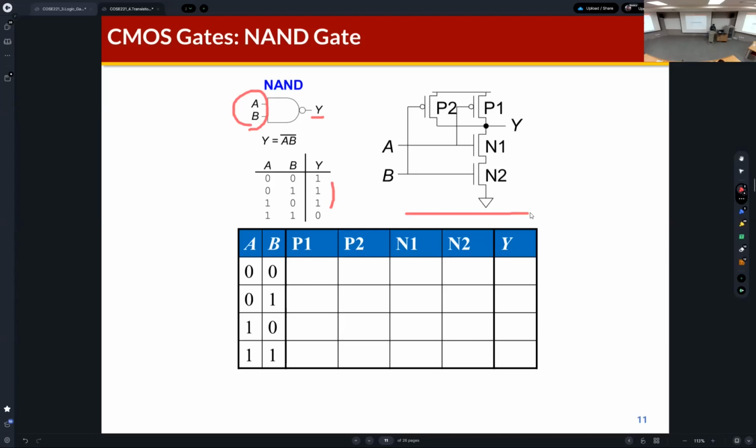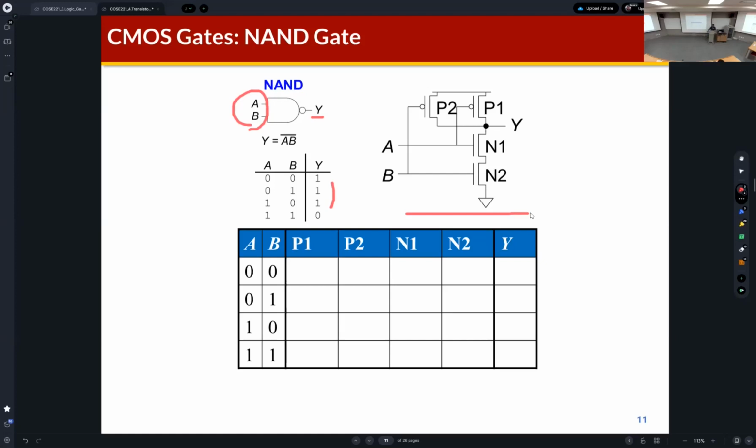Sorry about that. We can build our NAND gate using two PMOS transistors and two NMOS transistors. The PMOS transistors are organized in parallel, and the NMOS transistors are connected to ground in series.